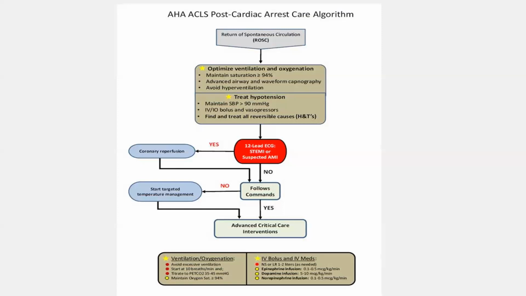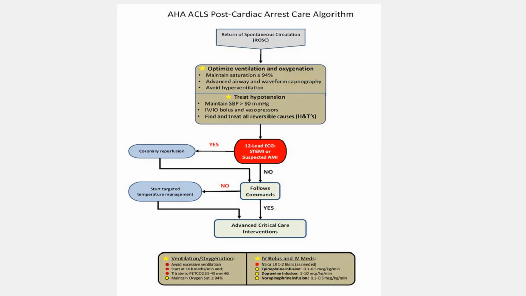During the post-cardiac arrest phase, inspired oxygen should be titrated to maintain an O2 saturation of 94%. Actually, it's between 92 to 98%. The goal is to avoid hypoxia and hyperoxia. We don't want it too much, and we don't want it not enough.